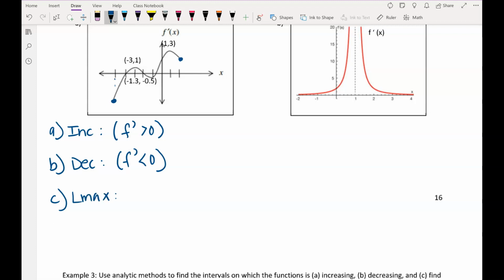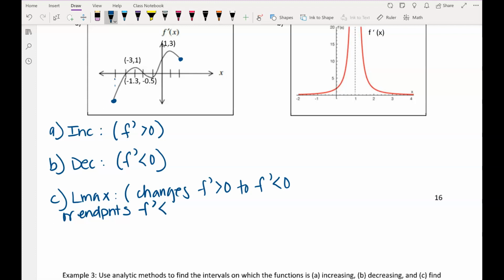Now, to get a local max, f prime needs to go from positive to negative, or endpoints: f prime has to be less than 0 when x is bigger than a, or f prime has to be greater than 0 when x is less than b. Remember, those are the endpoint definitions.